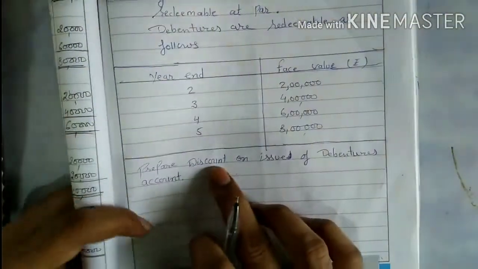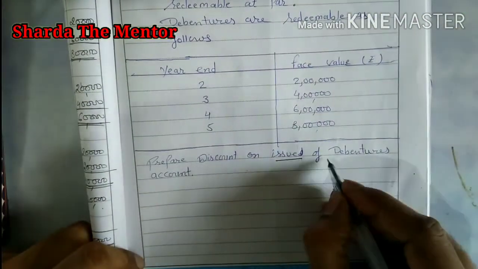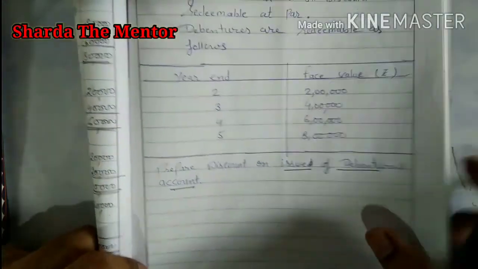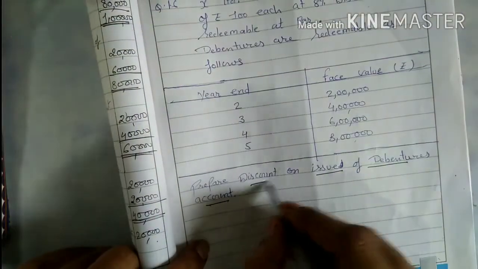In the question it is given that you prepare the discount on issue of debenture account.